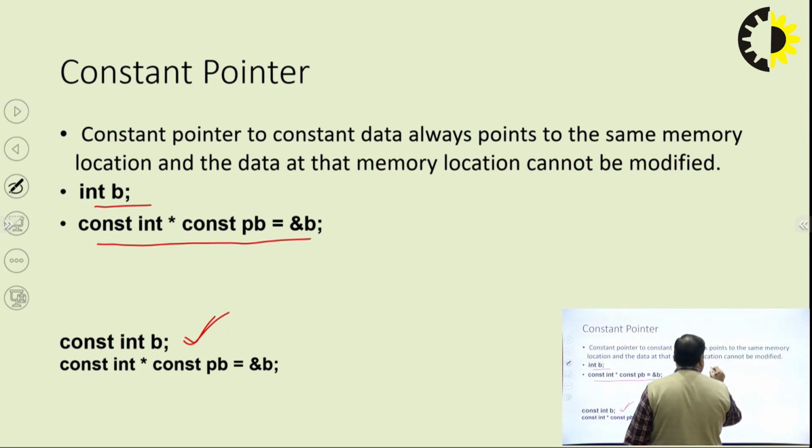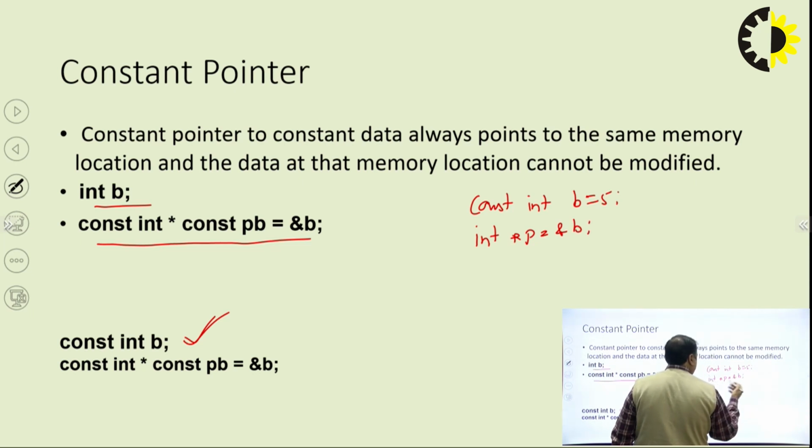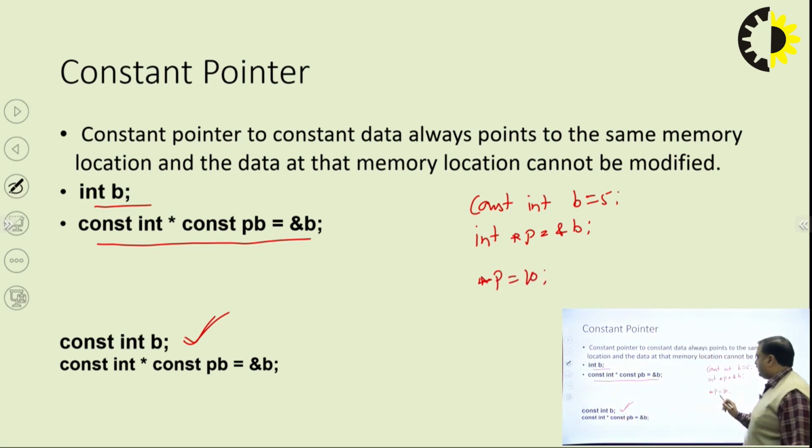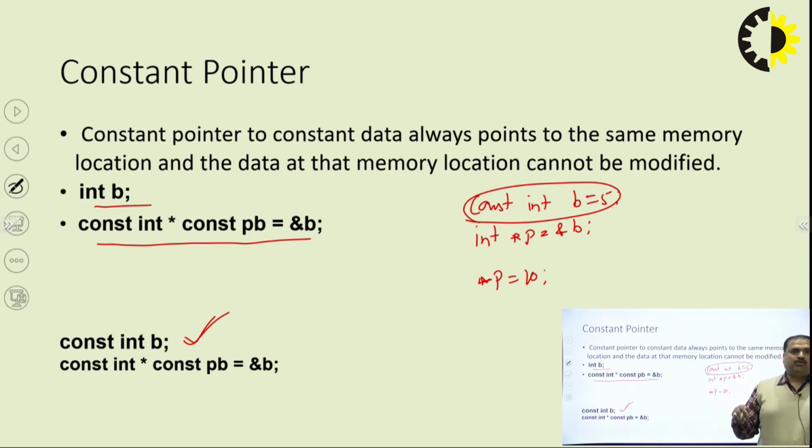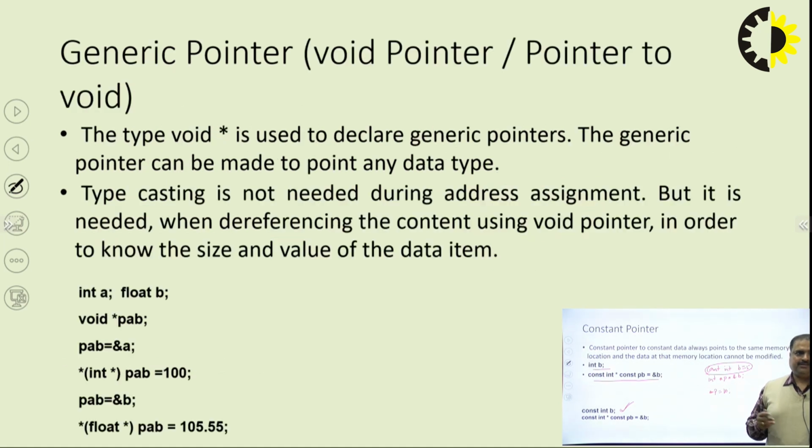For example, we can have const int b equal to 5, and one integer pointer p equal to address of b. Now, if I write *p = 10, the value at address p will be changed to 10. That will breach the constant value, so while programming we need to keep this in mind.